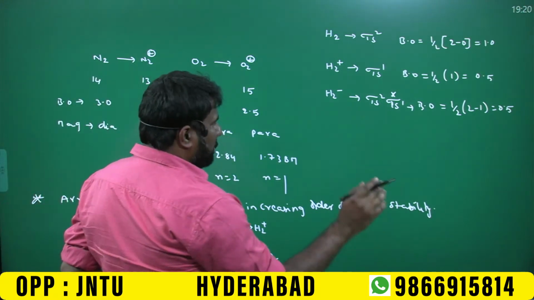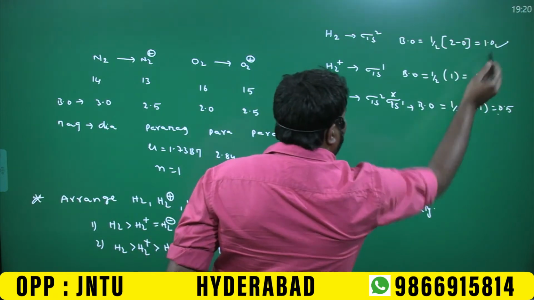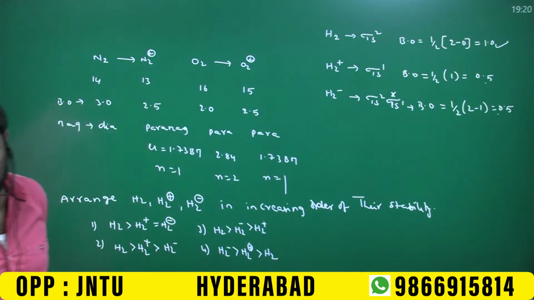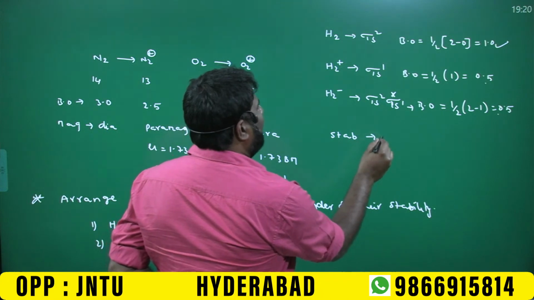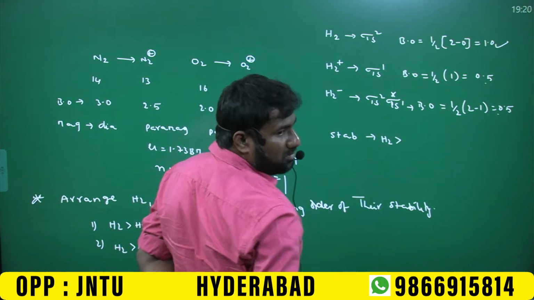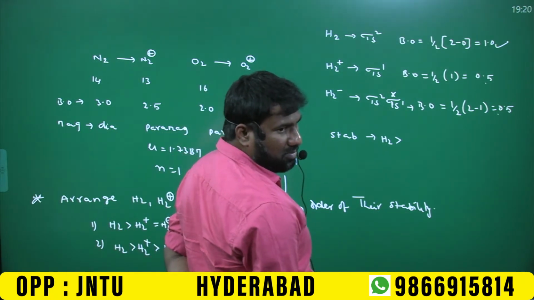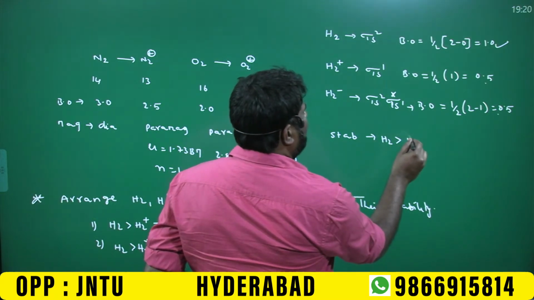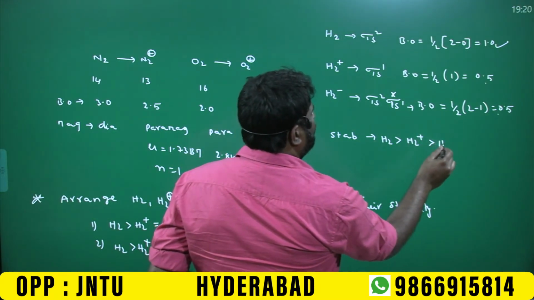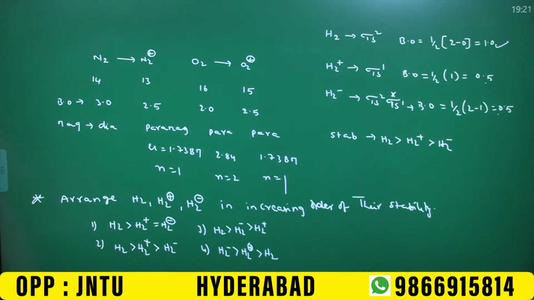So see, as usual, చూడండి ఒకసారి, when compared to the fractional bond order, the bond order with an integer is always more stable. కాబట్టి ఏమైందంటే స్టెబిలిటీ H2 greater than H2 plus equal to H2 minus, because bond orders are equal. అలా రాస్తారు, రాయొద్దు, అదే మీరు చేసే తప్పు. H2 plus greater than H2 minus. Why are we going to write like this?